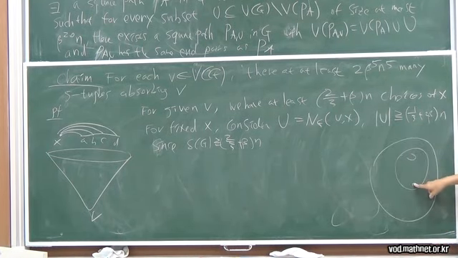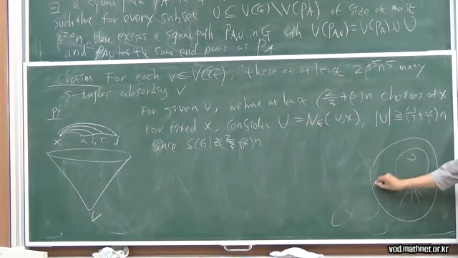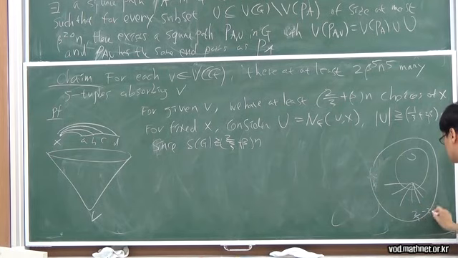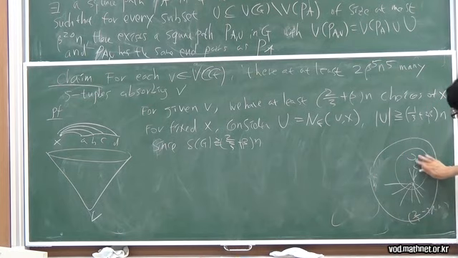If we have a vertex, even if it has as many neighbors outside of U as possible, it has at most 2/3 minus beta minus 2 beta n. So it should have at least 2 beta n neighbors inside. 3 beta n? Yeah, 3 beta n.